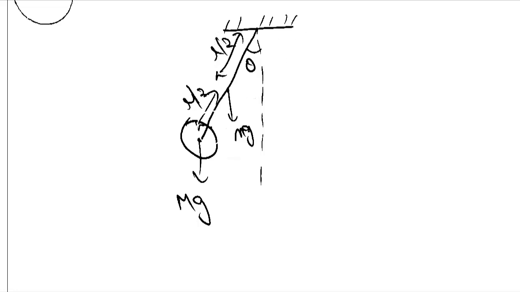So from here we can see that there are only two forces that are responsible for providing torque, capital Mg and small mg. So if we write torque about any axis, let's take it about the vertical axis. Torque is force into distance. So this is Mg, and this distance is capital L sine theta, and this distance is L by 2 sine theta.